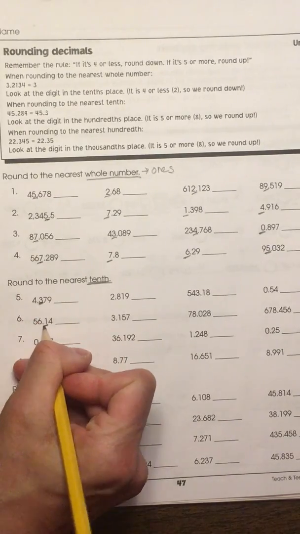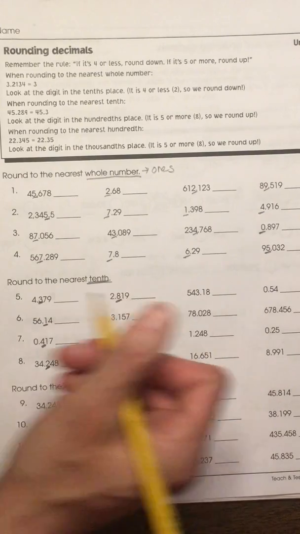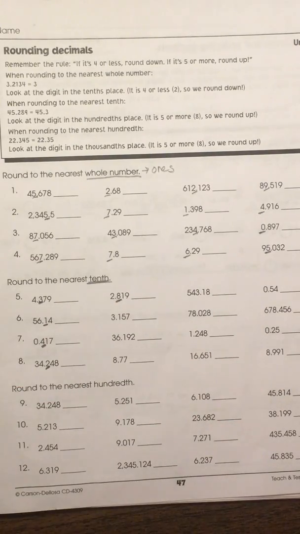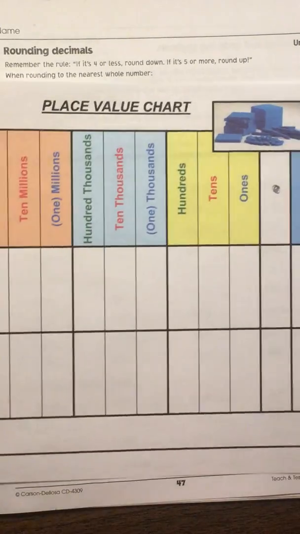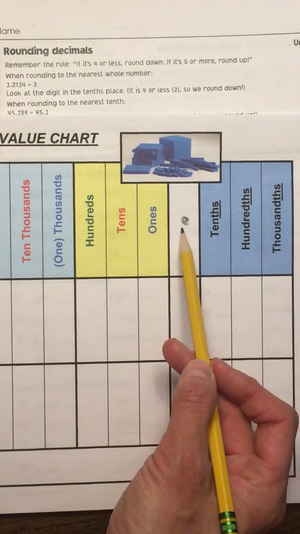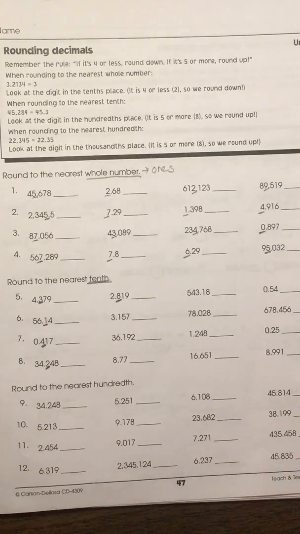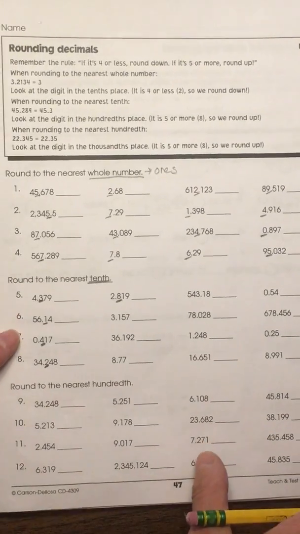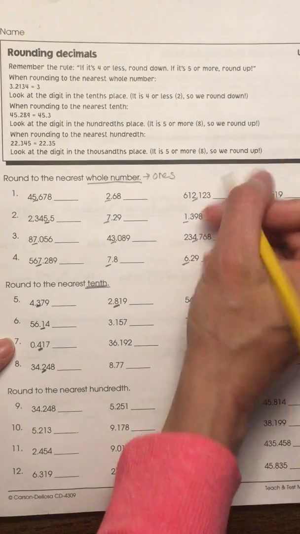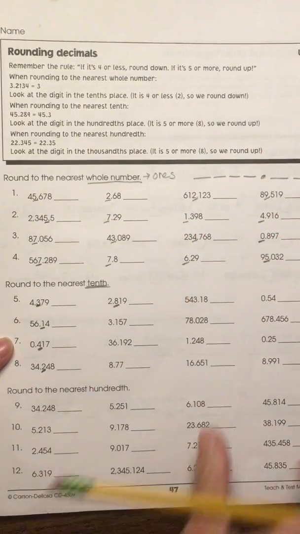So now you know what your tenths place is. If you're not sure what your tenths place is, then break out a place value chart. Okay, our tenths place is the first place value to the right of the decimal. Like I've been saying in many of my videos, stop to make yourself a quick think track.